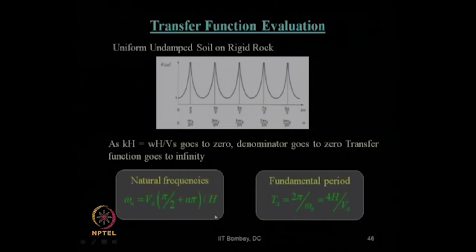Am I right? So, the T s value becomes 2 pi by pi V s by 2 h. So that 2 h comes up, and it becomes 4 pi h by pi V s. So pi and pi get cancelled, and finally we get T s equals 4h by V s.